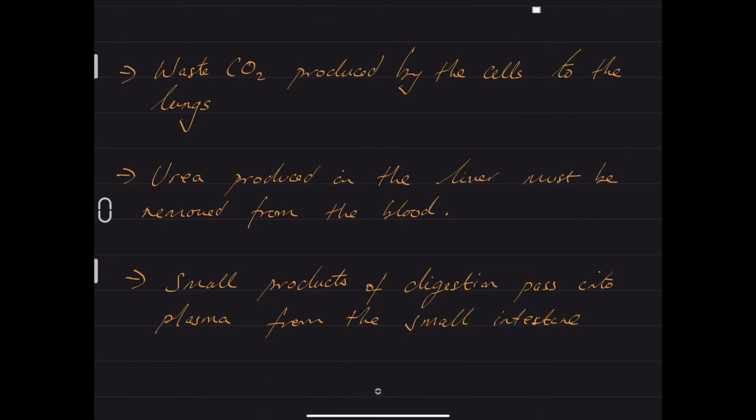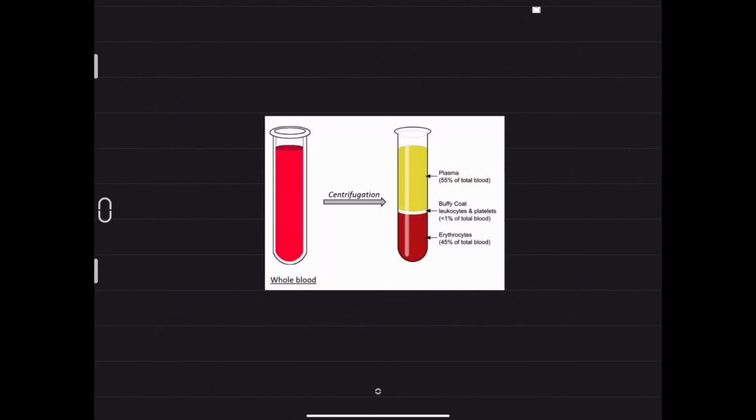So this is a quick overview of blood plasma. And here you can see, I'm just going to show you here, is the composition of blood plasma to the red blood cells and white blood cells. Here you can see whole blood on the right, and after a process of centrifugation, we separate out the components of blood.